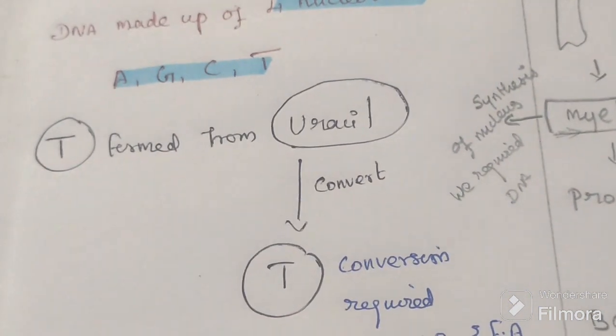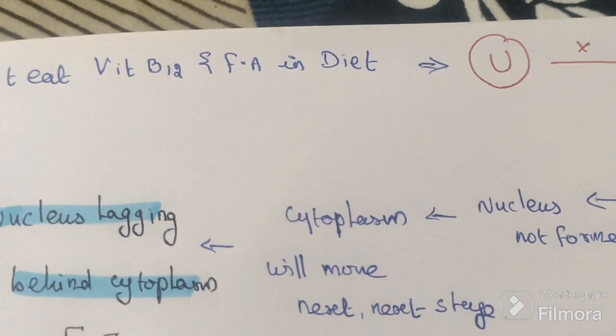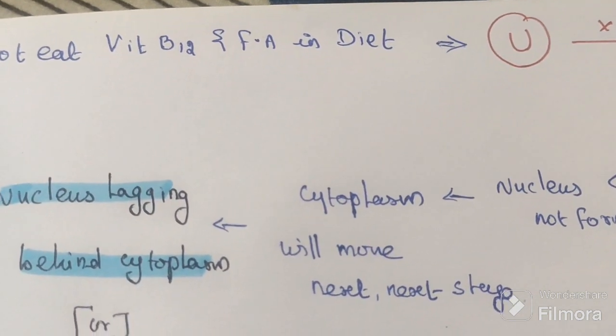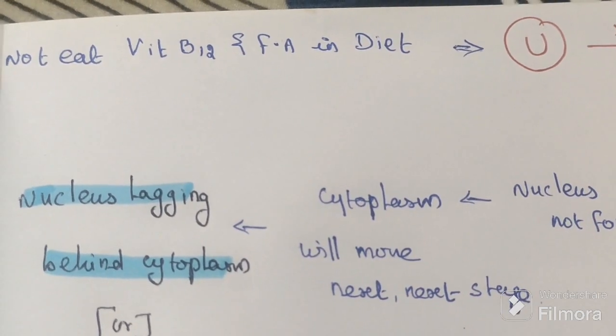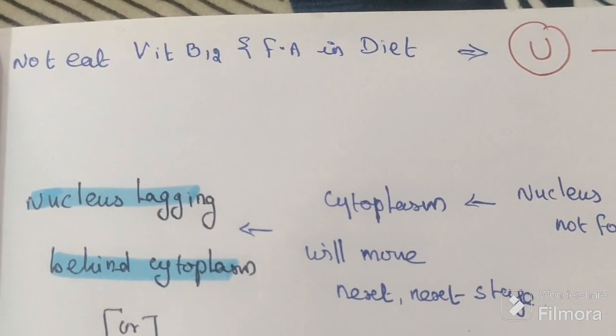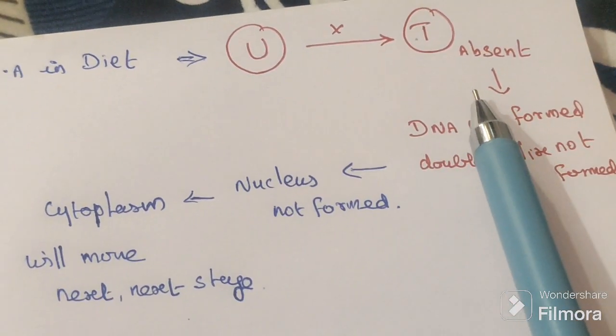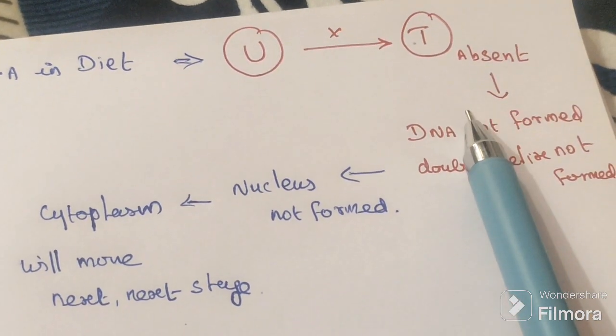Imagine a person does not take vitamin B12 and folic acid in the diet, and the body stores are also deficient. So uracil is not converted into thymidine.